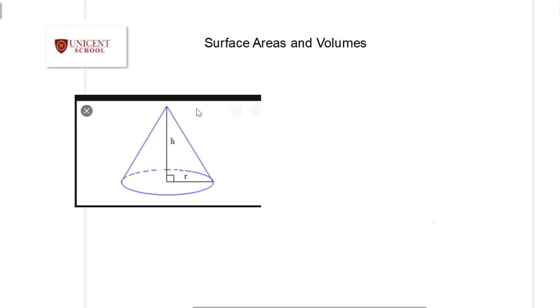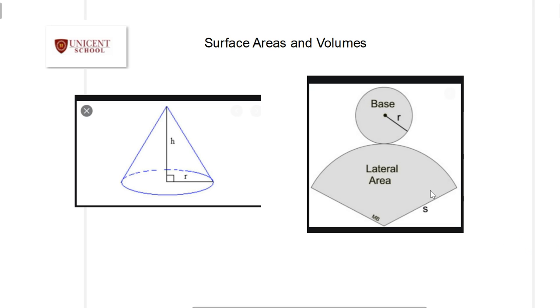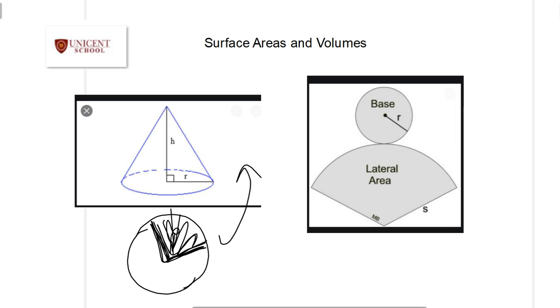If we take a circle and cut exactly one right angle part from it, that is, if I take a circle and cut this shaded part and attach these edges, then I get a right circular cone.